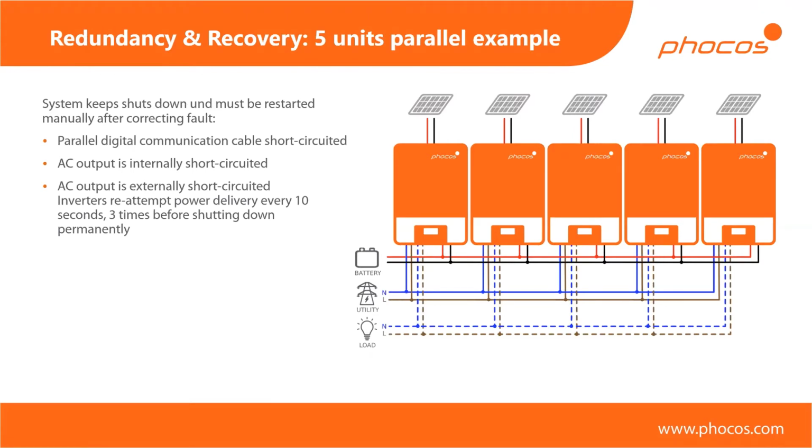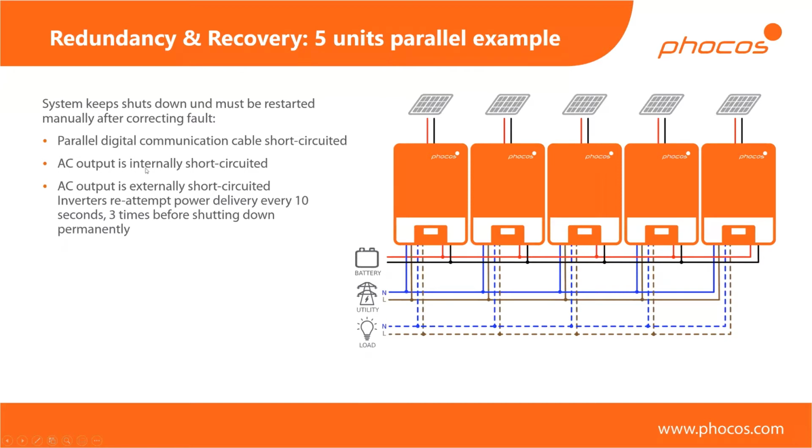And really, the only cases where a manual intervention is required, because the system needs to shut down typically for security reasons or because it's just technically not possible to continue to operate, is when the parallel digital communication cables are short-circuited, so they literally have a short, because that means that none of the units can communicate with each other.